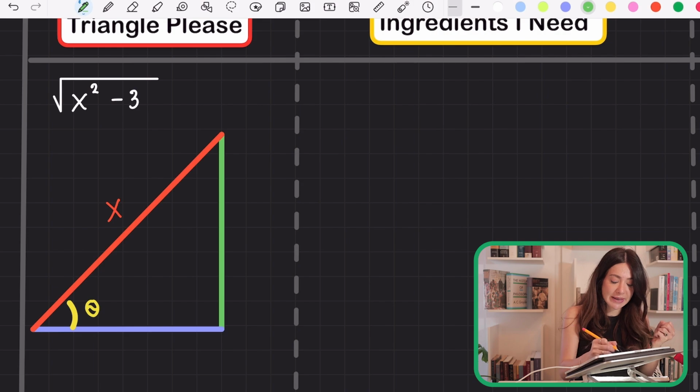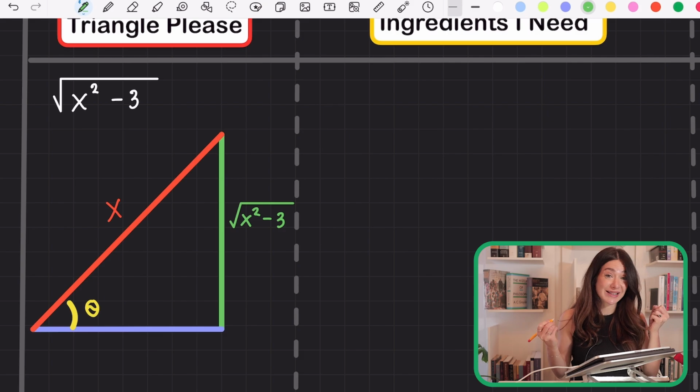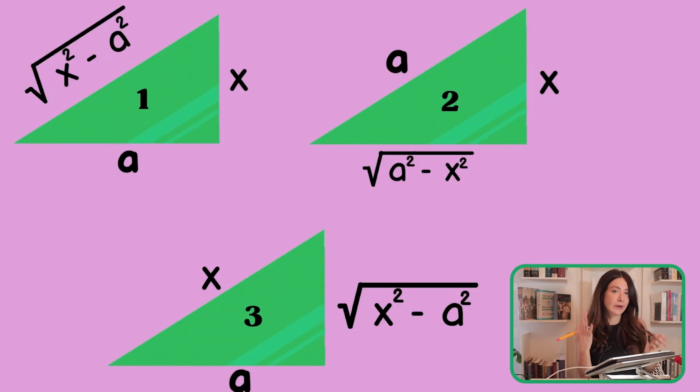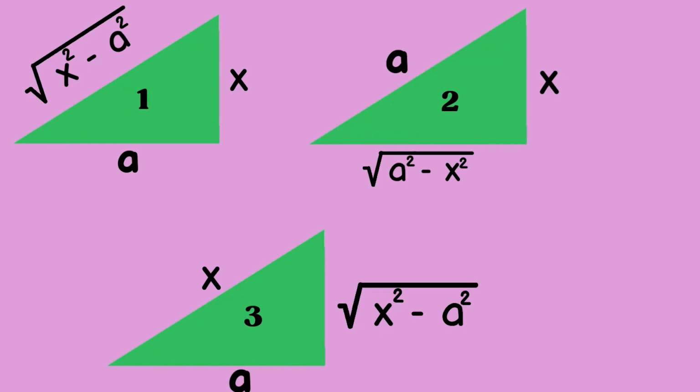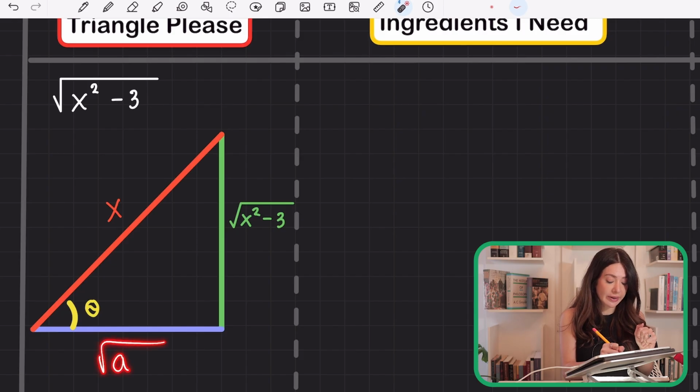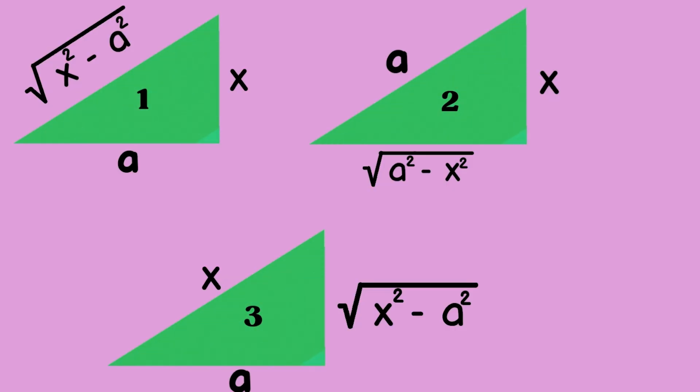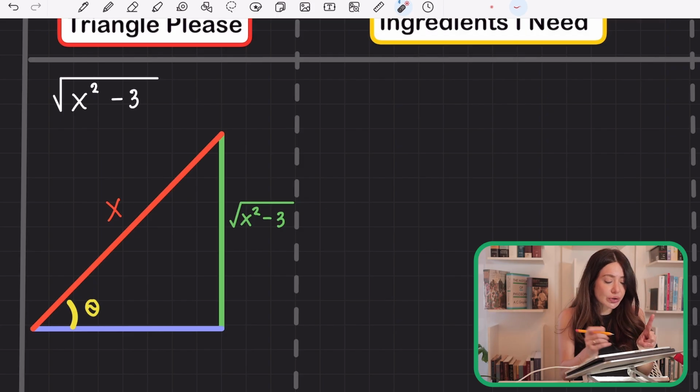The next best thing that the vertical side wants to be is this entire expression itself. There are 3 versions of these triangles. The vertical side is always going to be x in 2 cases, and it's always going to start with x. Maybe you can remember it like that. And the base of this triangle is always going to be either a or start with a squared. A is a number.